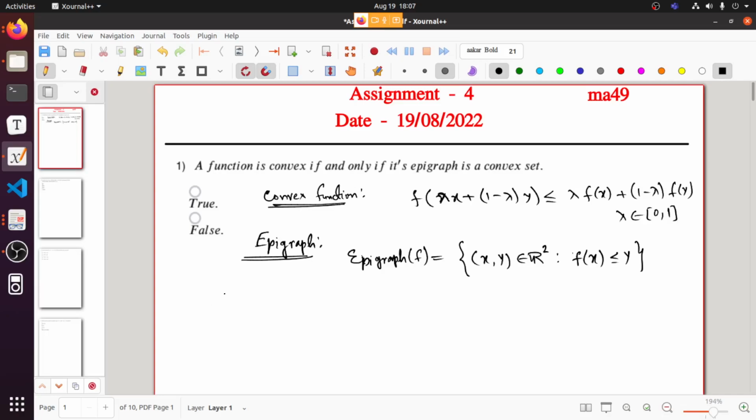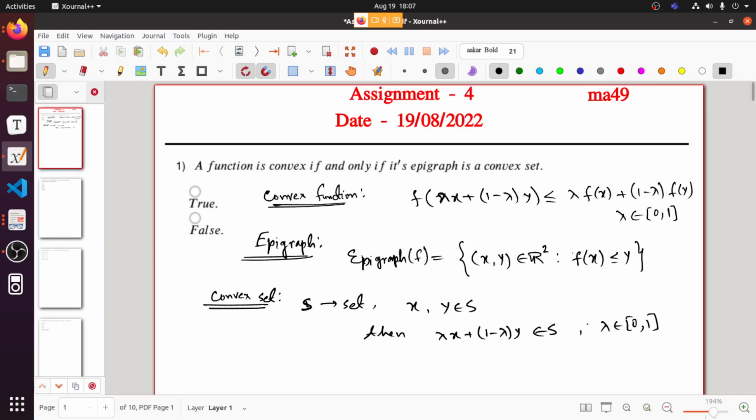So what is meant by a convex set? What is the definition of a convex set? Let S be a set. If x and y belong to S, then lambda x plus 1 minus lambda y should belong to S, where lambda belongs to [0, 1].